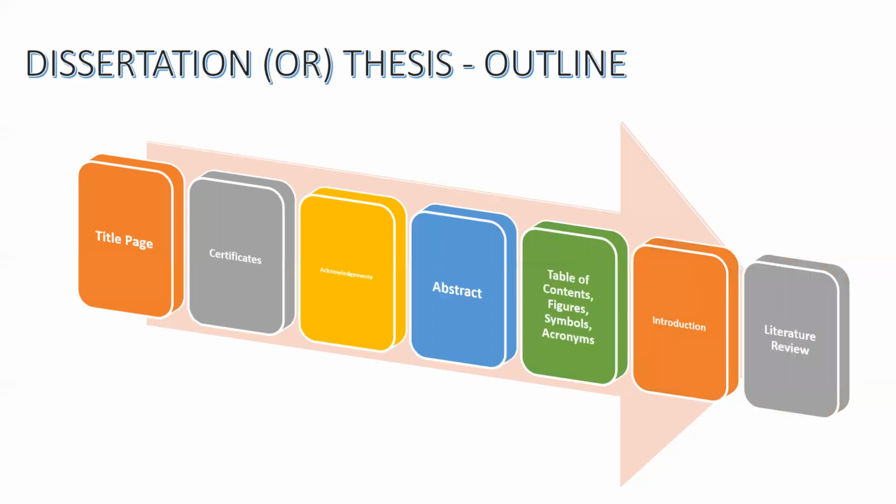Later, we can have the literature review, which has also been discussed in earlier videos, but let me give a concise picture about it. Depending upon the application, we can write the literature survey, or depending upon the type of algorithms we are using in our work, we can prepare the literature review.